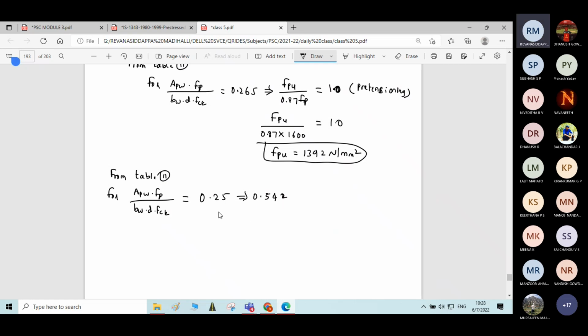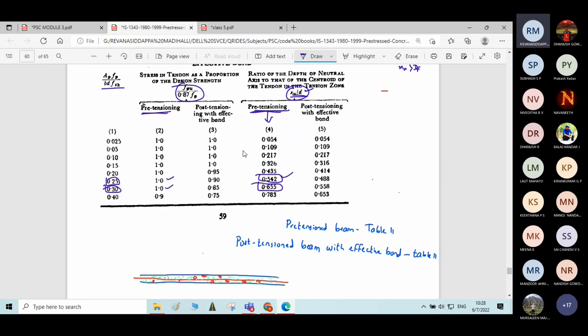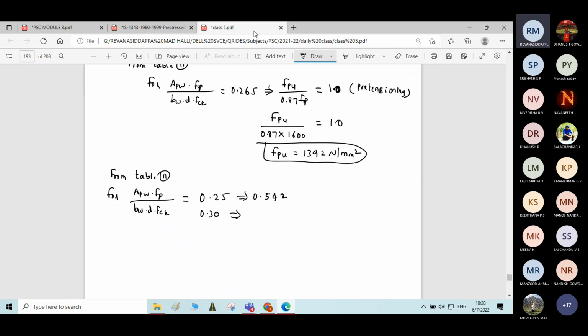When that value is 0.30, the corresponding value is 0.655. We have to get the value for 0.265 after interpolation.